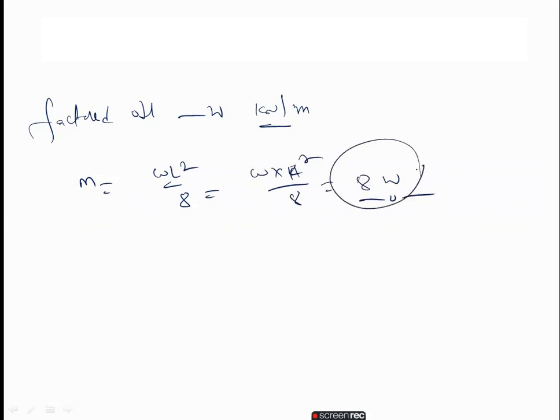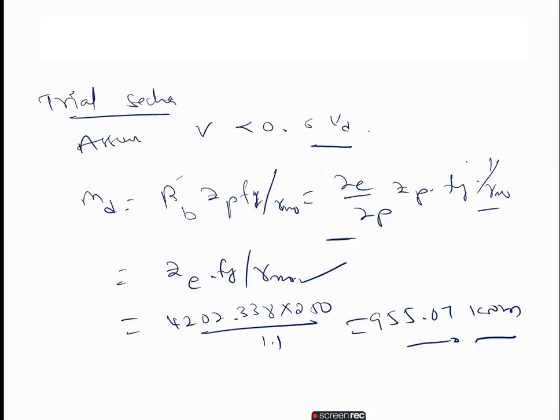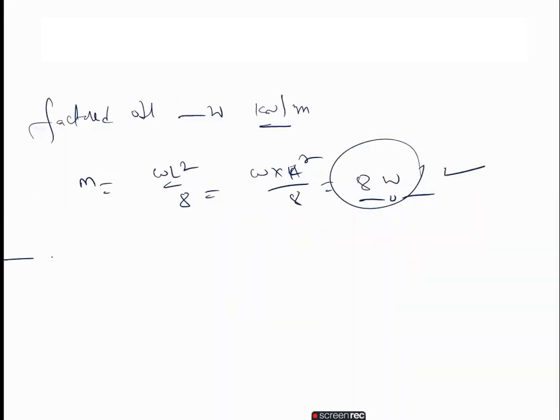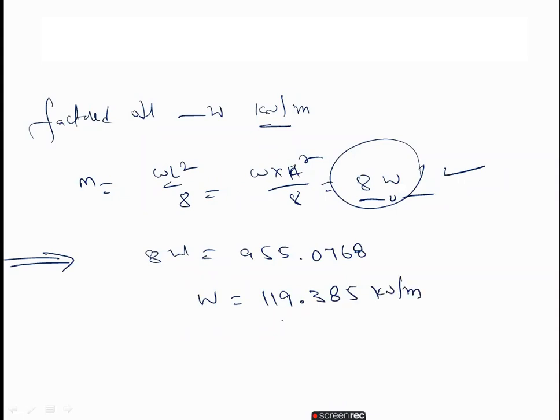Now equating this with whatever we got as the moment capacity Md, you will get the load. That is 2w equal to 955.0768. Then I will get the w value as 119.385 kilonewton per meter. This is the value of the load.